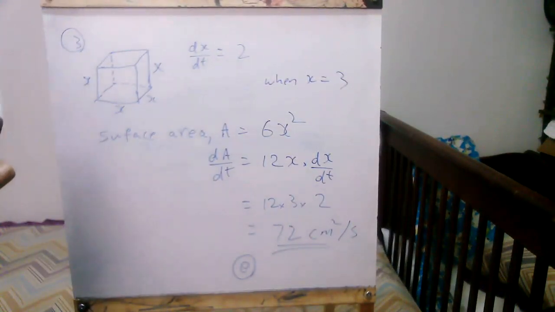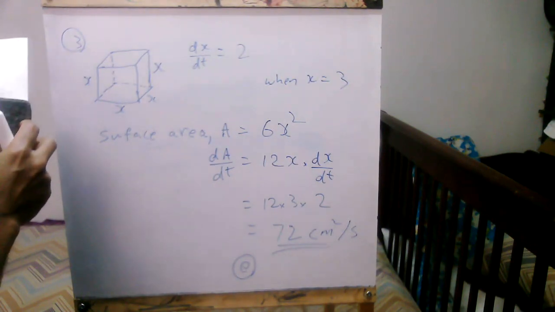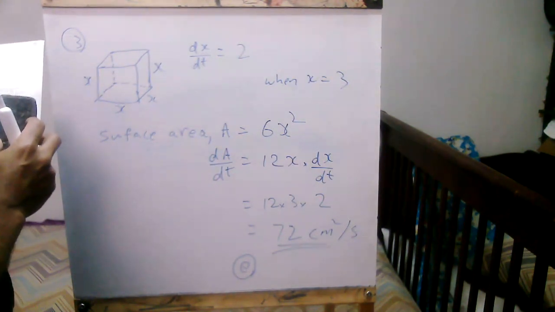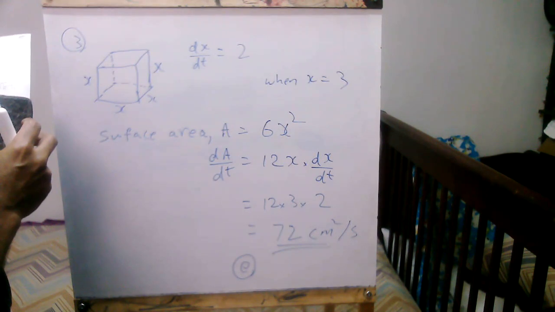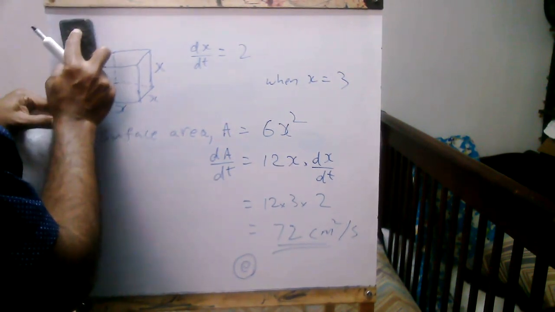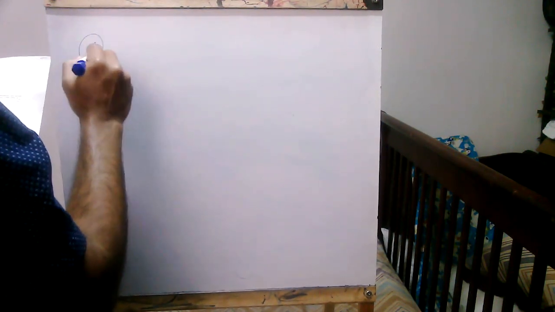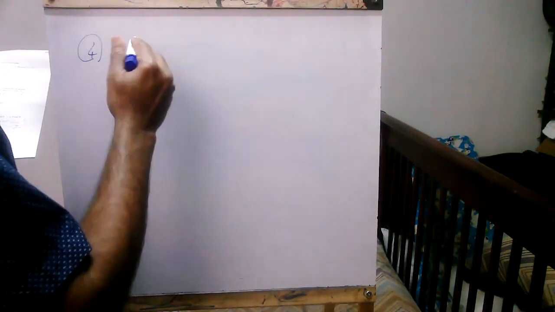Alright, this is 3. Okay, I'm going to erase this. Number 4. Which of the functions below are not continuous at x equal to 2?